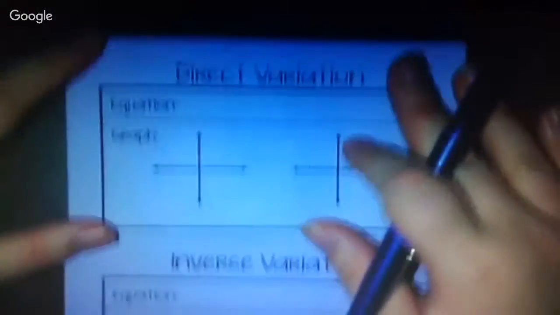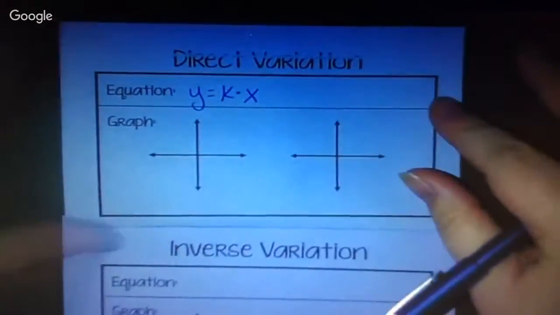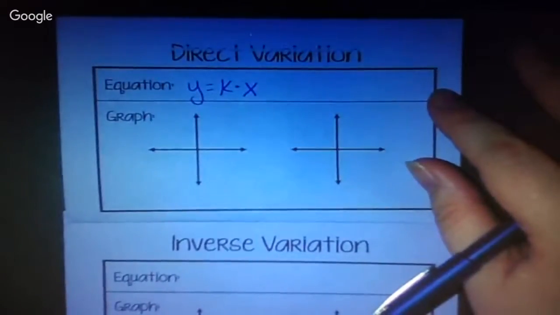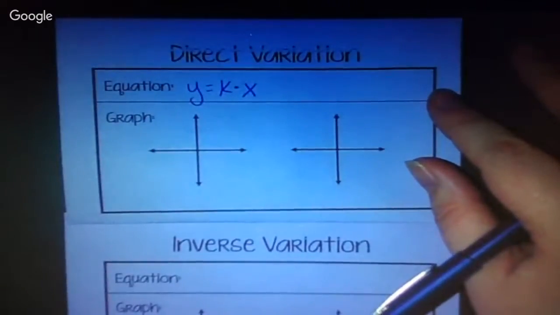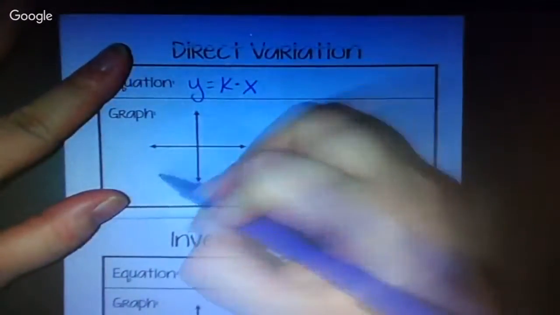Okay. So, at the top, your equation for direct variation, so we can review it, is y equals k times x. Your graph was a line. Your line always went through the origin.